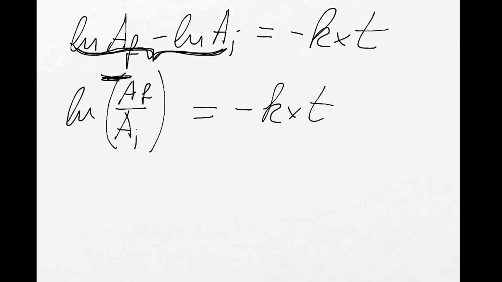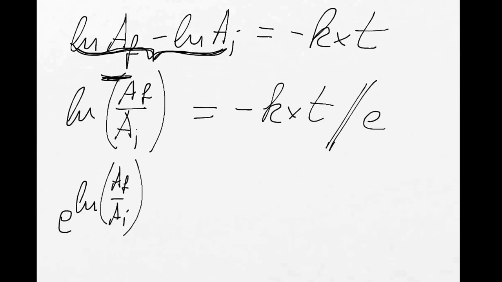Exactly. I e both sides. That's e. Remember, e is 2.718 something. So I e the left-hand side, e to the ln of A final over A initial, and I put that in brackets, equals e to the power of minus k times t.